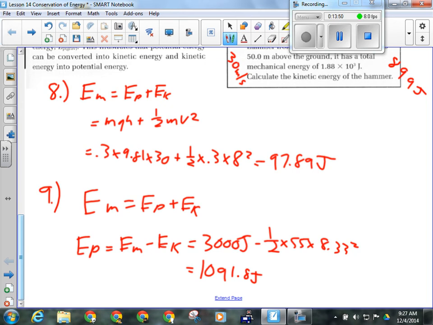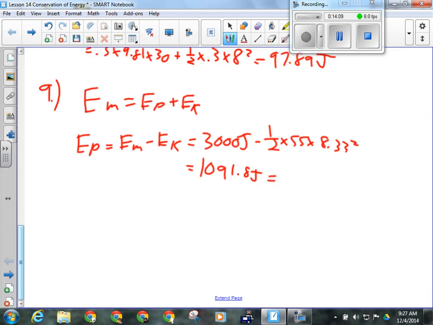Now, extension from this. What if the question asked me to calculate how high above the ground they are? Would I be able to do that? Yeah, I just figured out what m times g times h equals. Agreed? Because that's the potential energy. So if this number equals m times g times h, and I know both of these, they told me he's a 55 kilogram athlete, g is always 9.81.